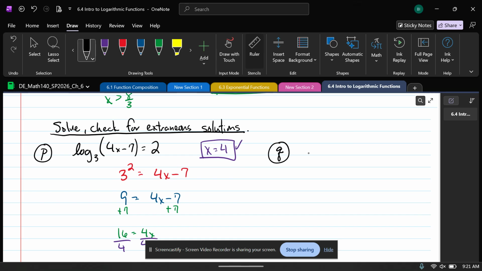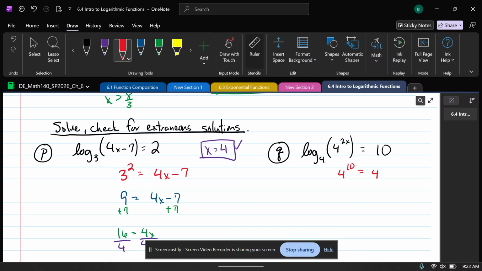Let's do this one. Log base 4 of 4 to the 2x equals 10. Rewriting that as an exponential. So, what's the base? 4. What's the exponent? 10.